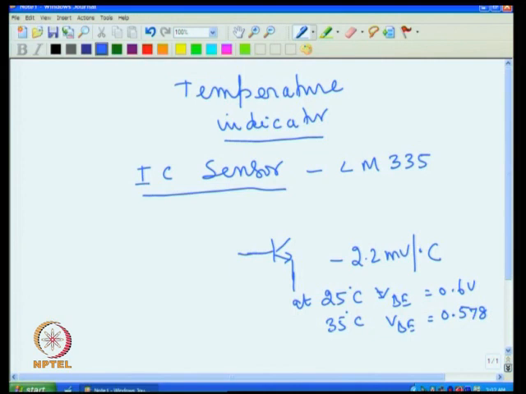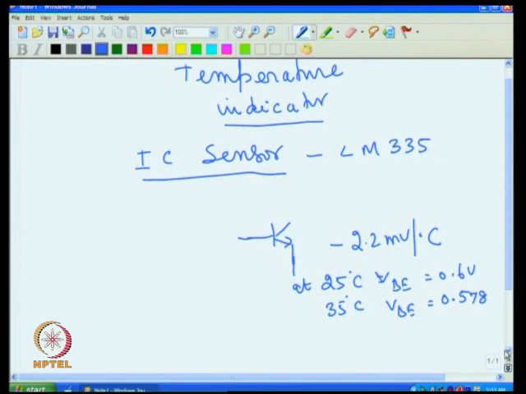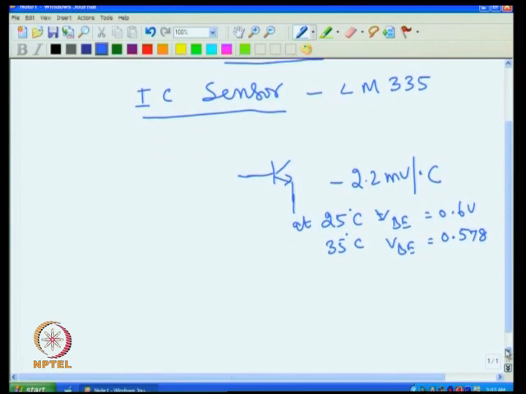That means you will have 0.578 volt. So 22 millivolt is decreased for a 10 degree temperature rise. Using this transistor base emitter voltage change as a basic element, they developed this IC sensor LM335, which is available for us to use today in this form.